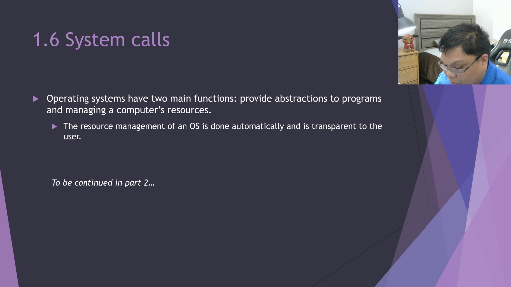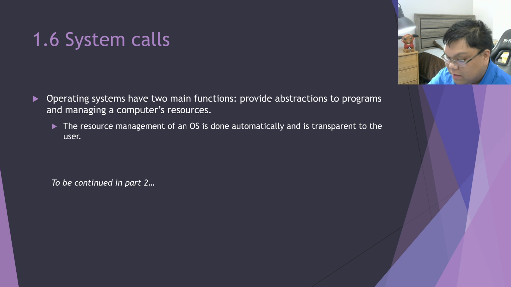And then there's a small section on the Windows 32, the Win32 API. And then operating system structure, basically the different ways an operating system can be structured. That's 1.7.